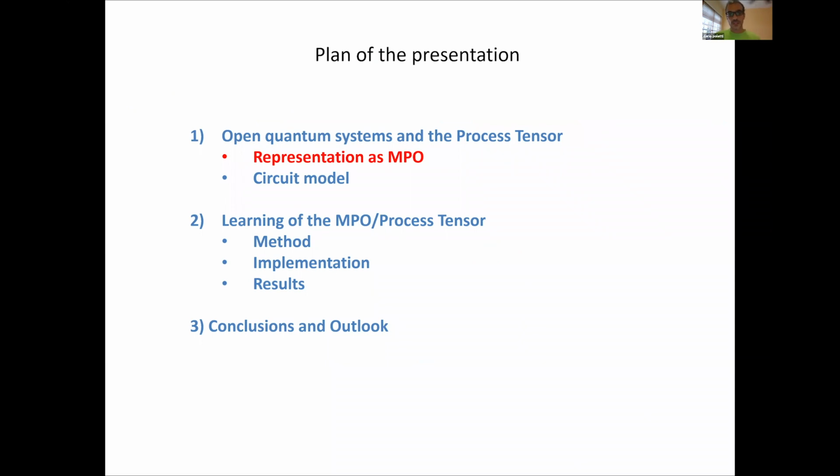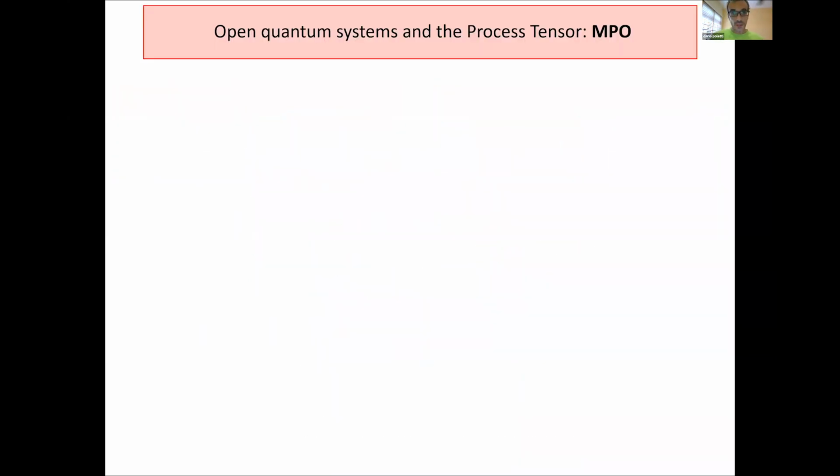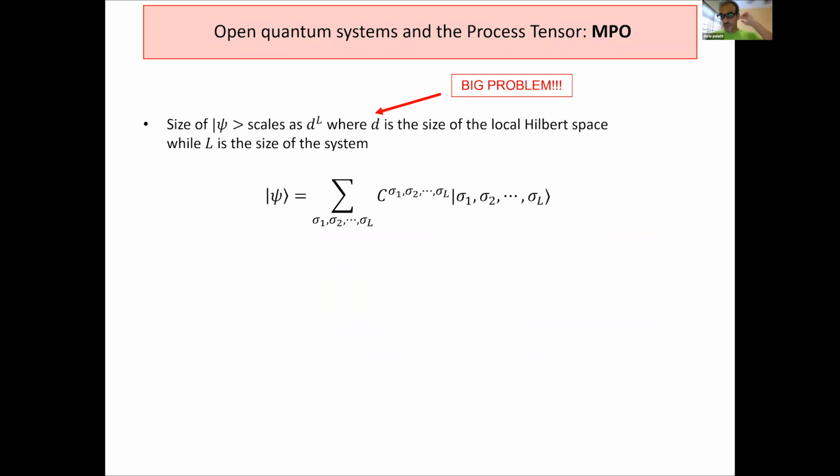So how do we represent these process tensors as an MPO? For those of you who are not familiar, I'll give a little introduction on MPS and MPOs because it will be my numerical tool to do machine learning later on.